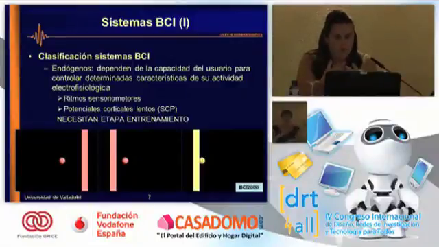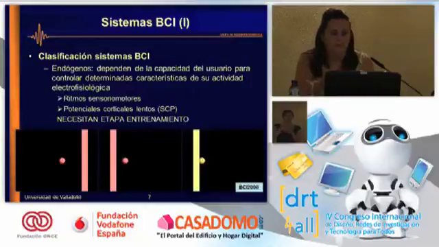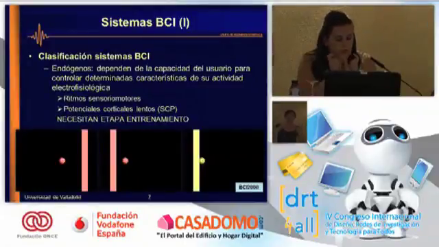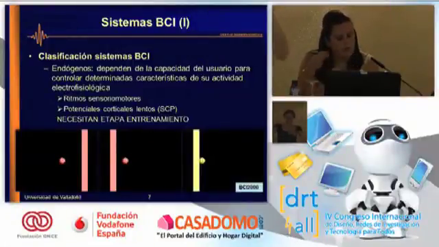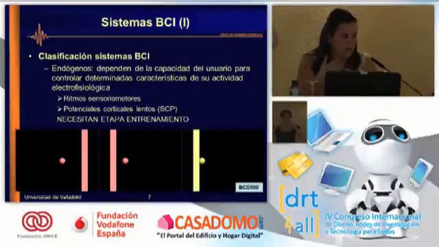So in the endogenous systems, the user mentally controls a characteristic of the person's brain activity. In this case, what they manage is the amplitude of a brain wave between 12 to 13 hertz, and that varies depending on which hand we're thinking of, when that's been recorded in the brain scan on the brain cortex, which is the motor region of the brain related to movement.